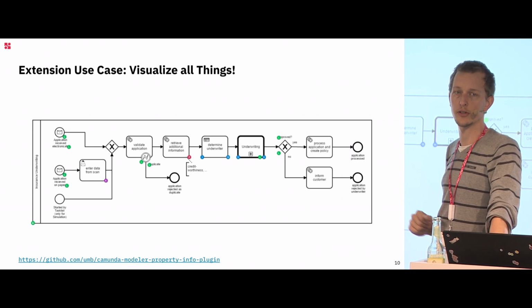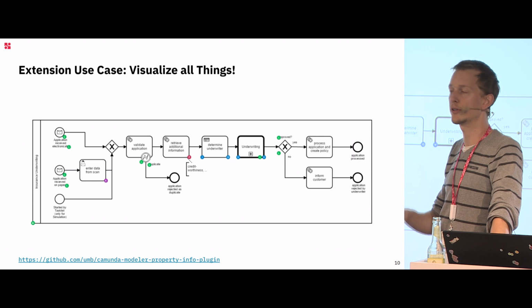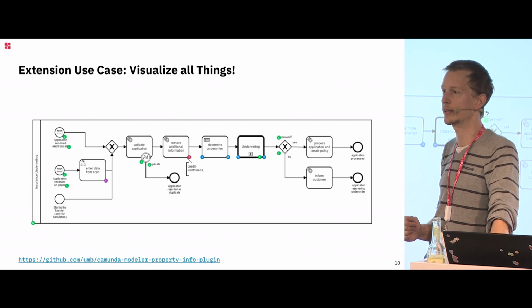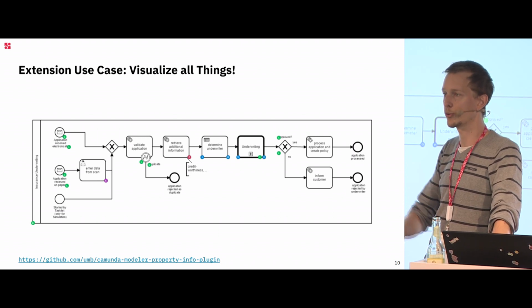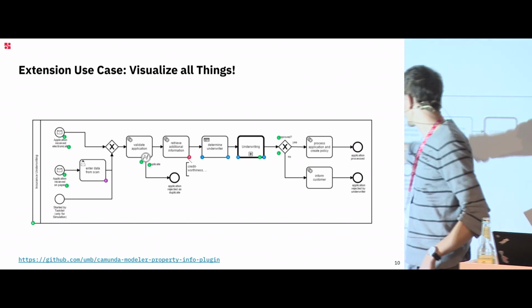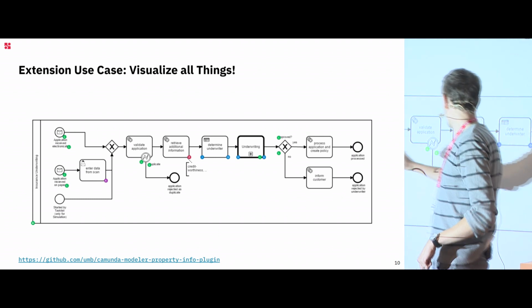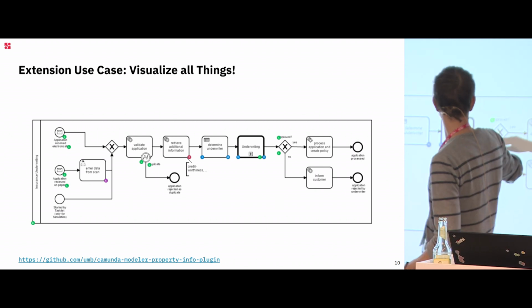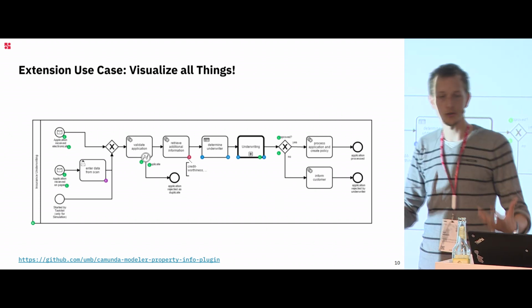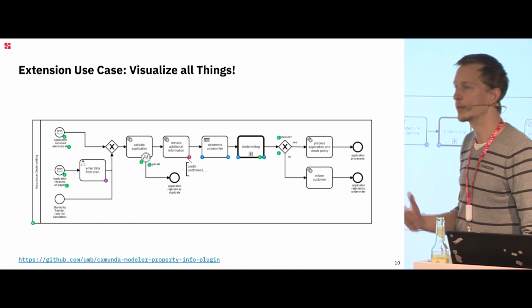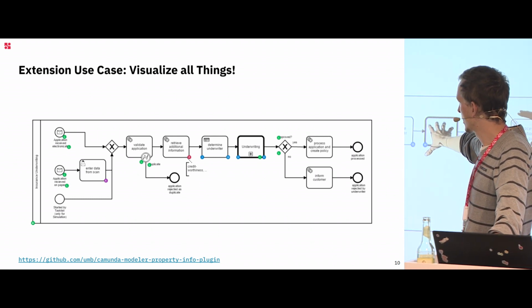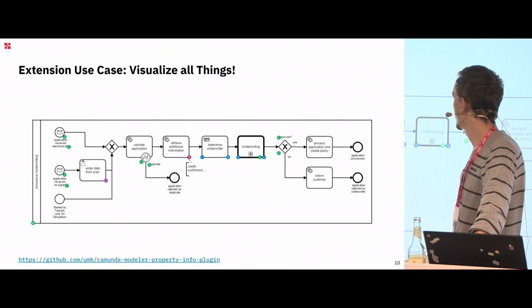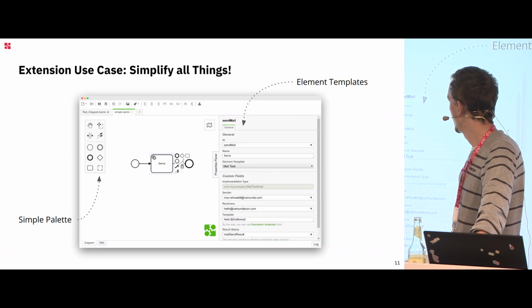It is important because that influences the execution semantics of my process, right? It makes a difference if there's a pre-execution listener attached, or if there's an asynchronous boundary. So this is one of the most prominent plugins which are already out there.